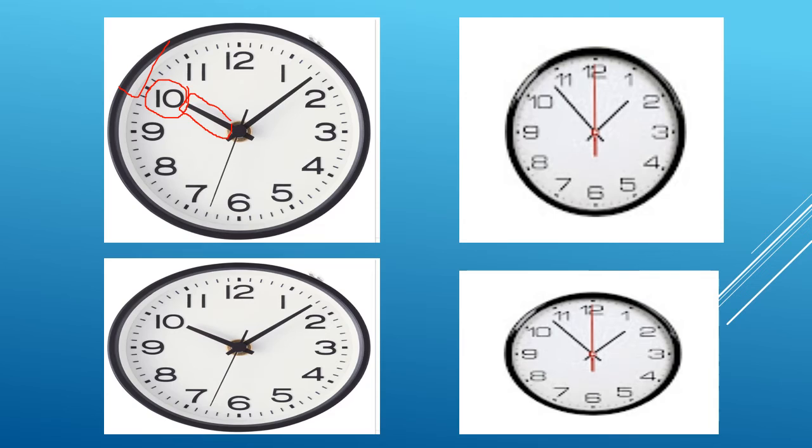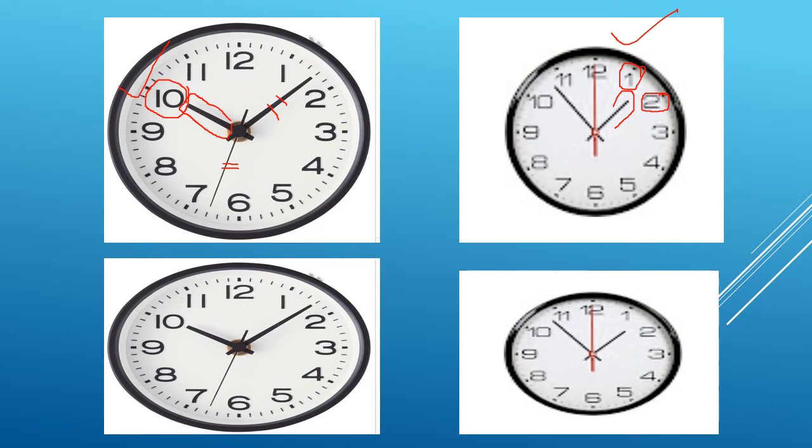Now we will just ignore the minute hands or the second hands. We will discuss it later, okay? But here in this picture you can see the position of the hour hand. Here the hour hand lies between 1 and 2.